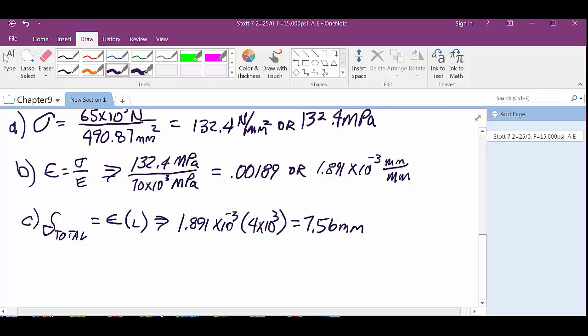Yep, 502 is the metric version, aluminum alloy. It's about 2/3 of the way down that chart, in the second column from the left. That's the modulus of elasticity in megapascals, 70 times 10 to the third. We've got to know these kinds of things, don't we?